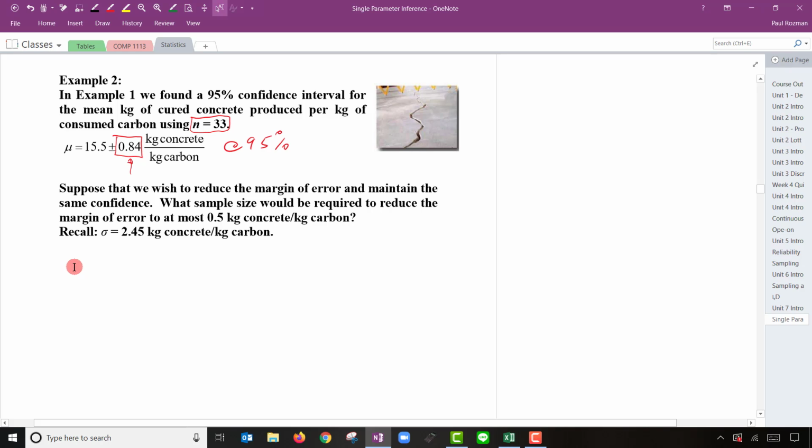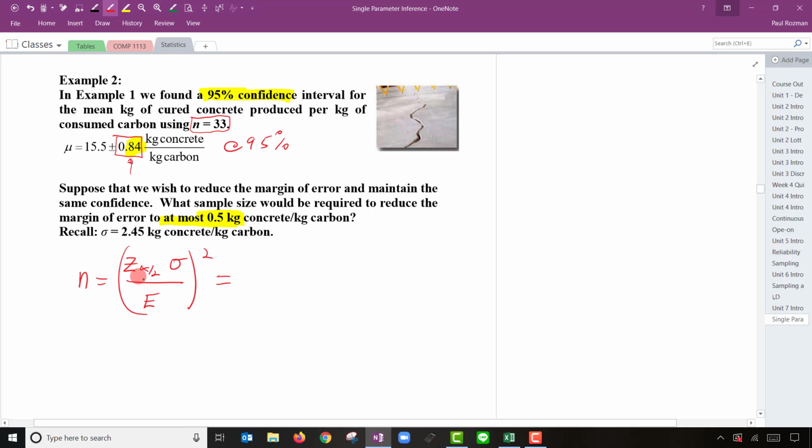Well, we had just derived the formula. N is some z-score times sigma over the error, squared. And I said, let's make sure that our error is at most 0.5. Like, we had an error of 0.84. We can't live with that. It's too high. Well, to calculate this, I want to maintain my 95% confidence. So I still want to continue to be 95% confident, but I want to make sure my error is down to 0.5.